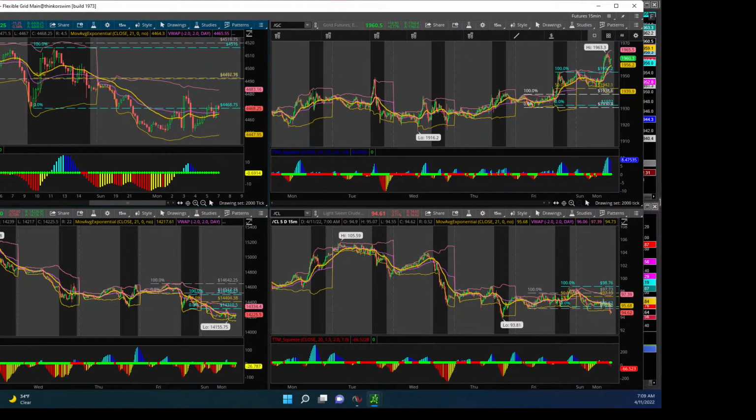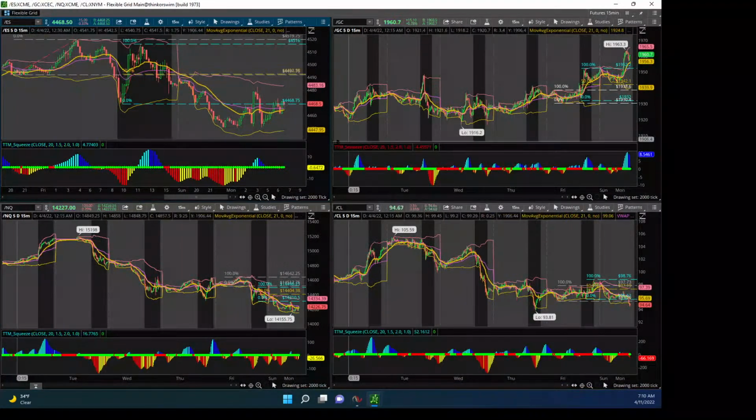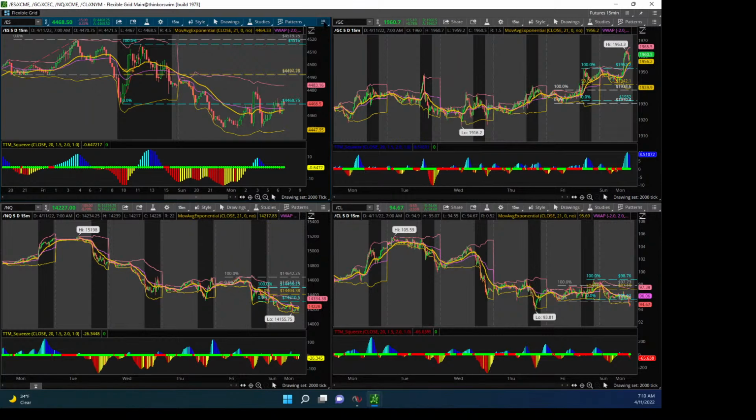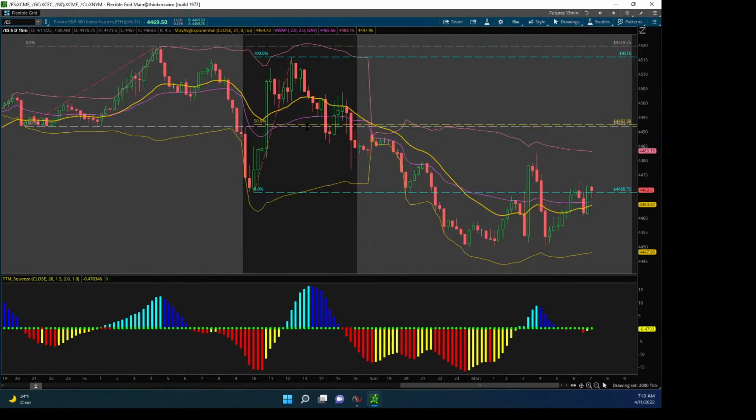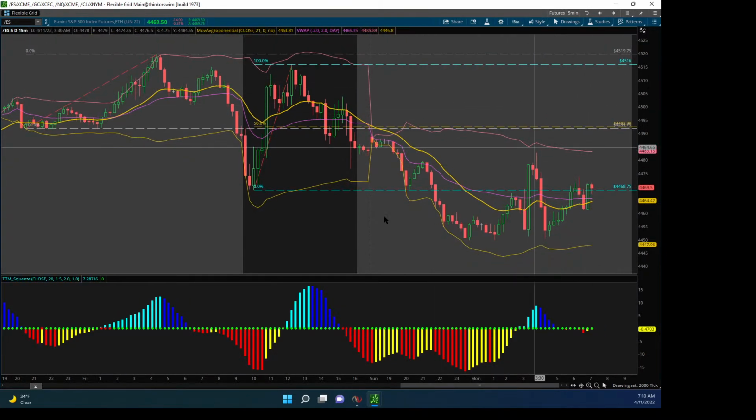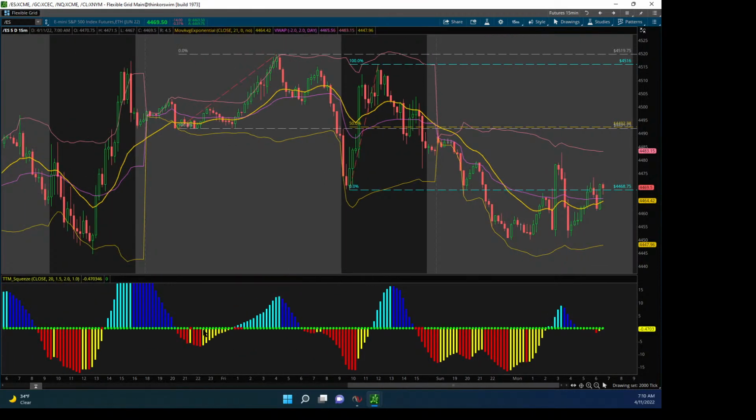I am going to see the charts now to see the overnight levels in ES. So again, this is the 15-minute chart, and what I do here is put the overnight high and the overnight low right here.